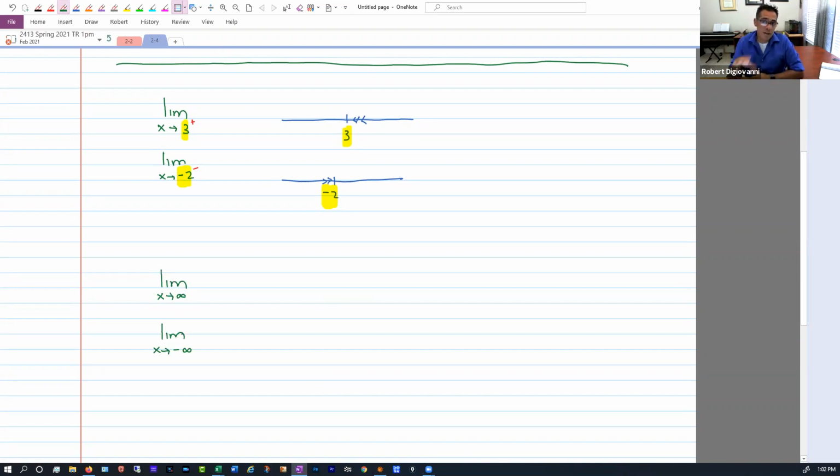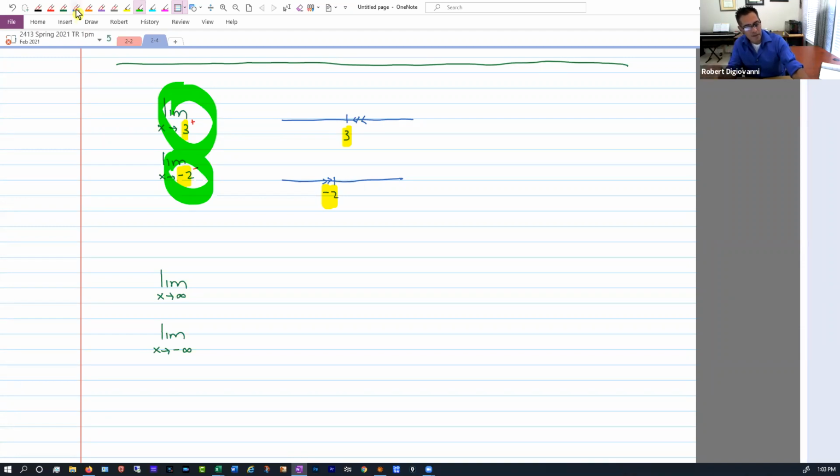This is very different than what we've been doing, because the number 3, that's a number. You can put it on the number line. There it is. -2, you can put it on the number line. But infinity is not a number. Infinity is an idea.